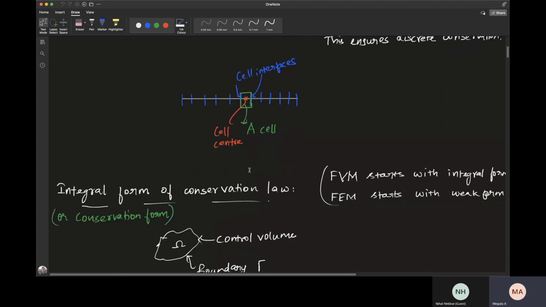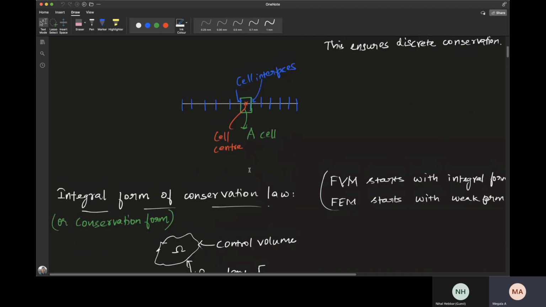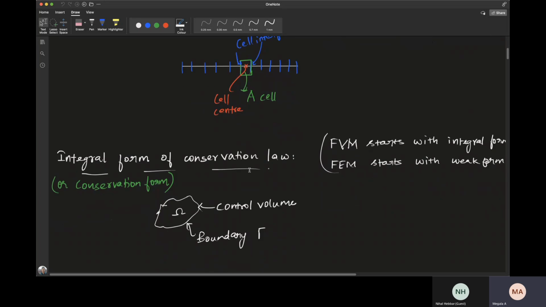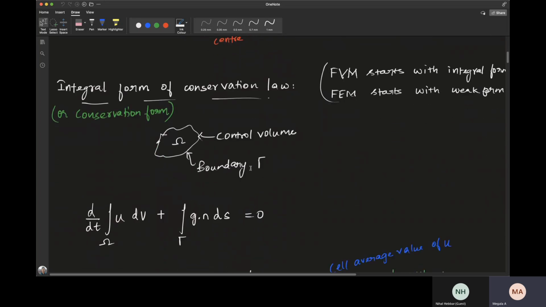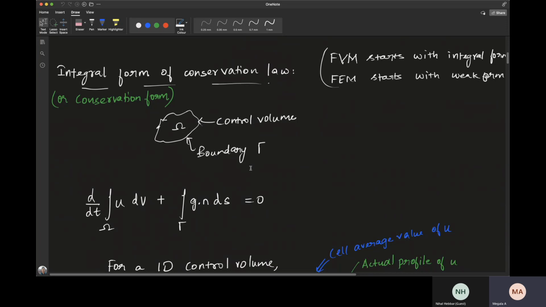I have told you that we'll be doing control volume analysis for each of those cells. Primarily, the finite volume method starts with the integral form of the conservation law, where control volume analysis is done for each cell in the domain, whereas the finite element method starts with the weak form of the conservation law.